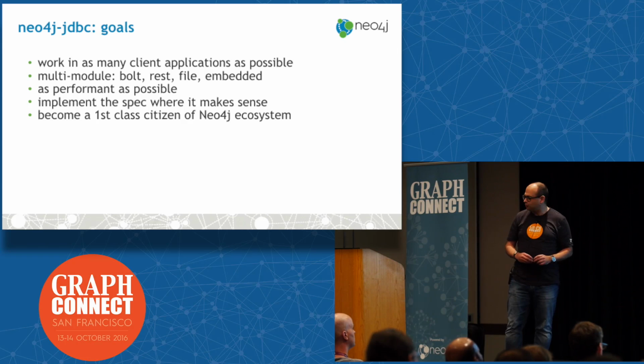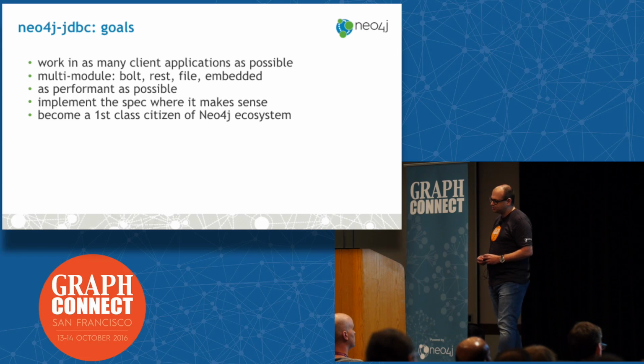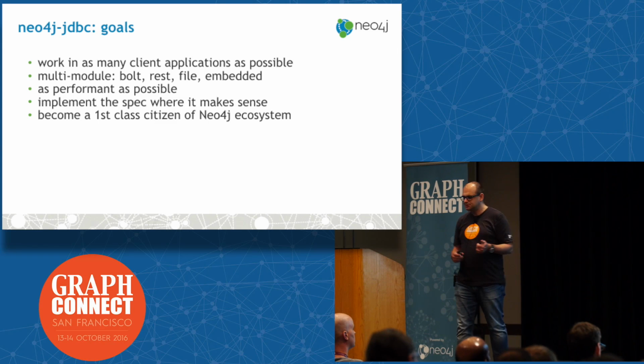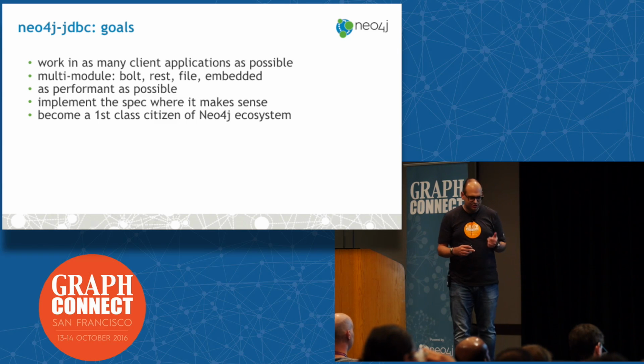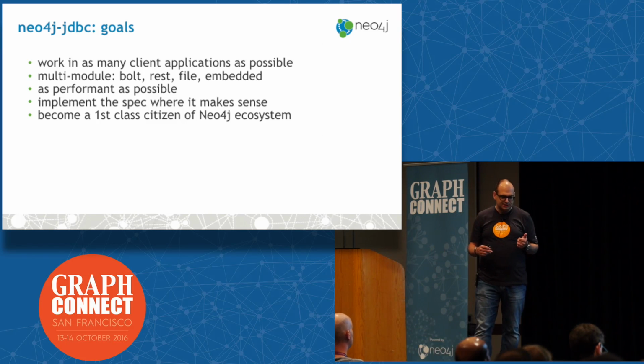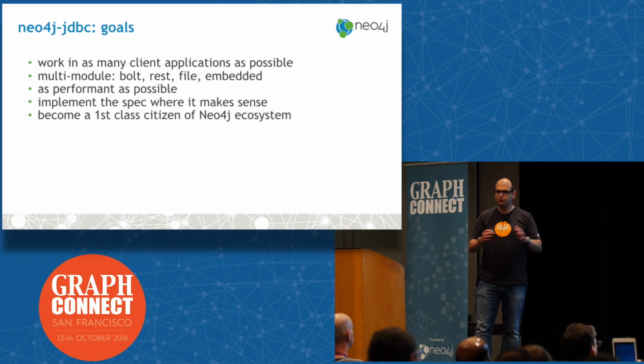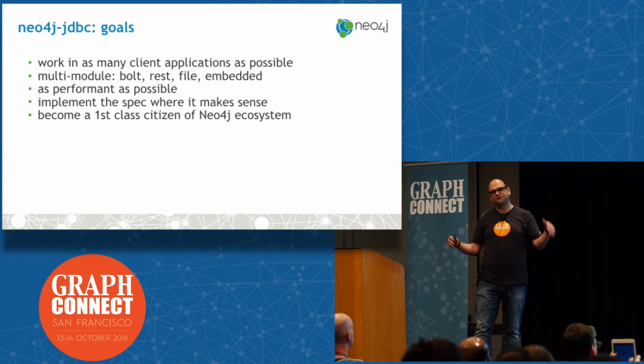The goals that we wanted to achieve with the new JDBC driver: of course, we wanted to support as many clients as possible. This is already challenging because the specification is huge, and each of the tools uses a certain subset of it. Implementing all of the specification is probably way too much.